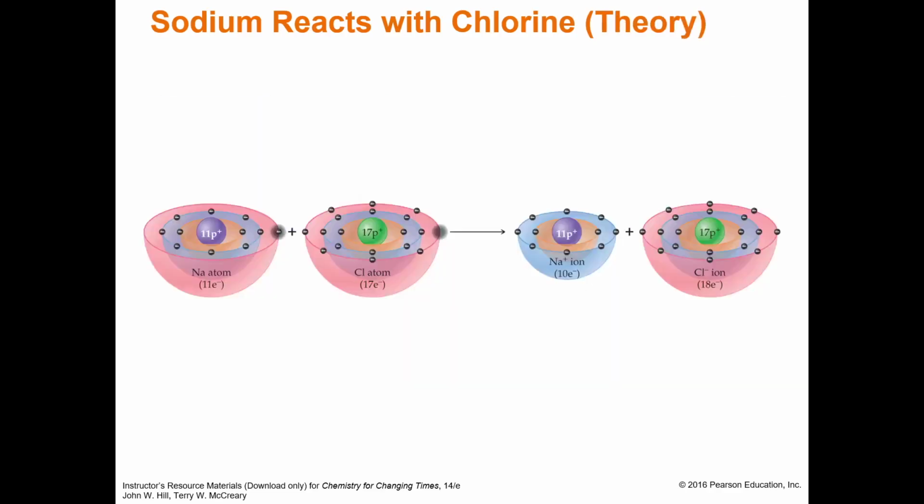All right, so this is the reaction of sodium reacting with chlorine. Sodium wants to get rid of an electron. Chlorine wants to gain an electron. And so the sodium will give its electron to chlorine, giving a noble configuration for both of these.